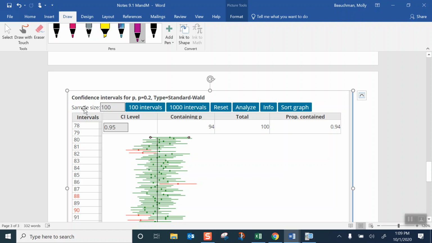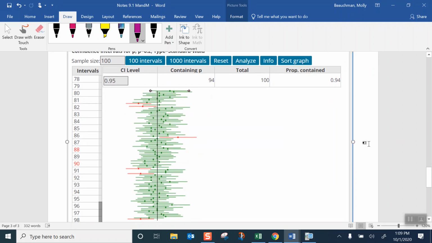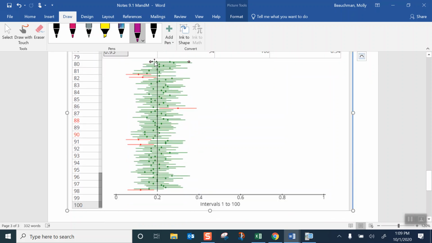I chose a sample size of 100, and I did 100 intervals with a confidence level of 0.95 with a population proportion of 0.2. So this represents taking 100 different bags of M&Ms.